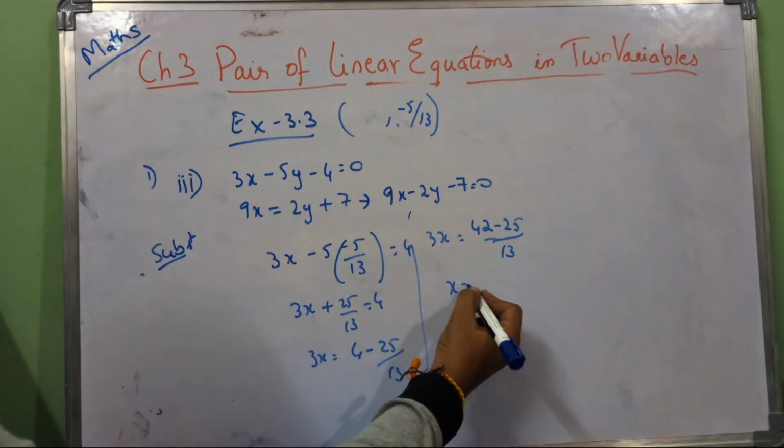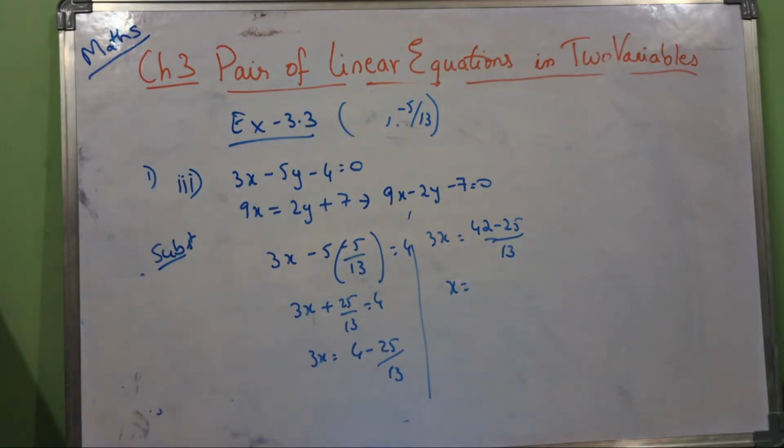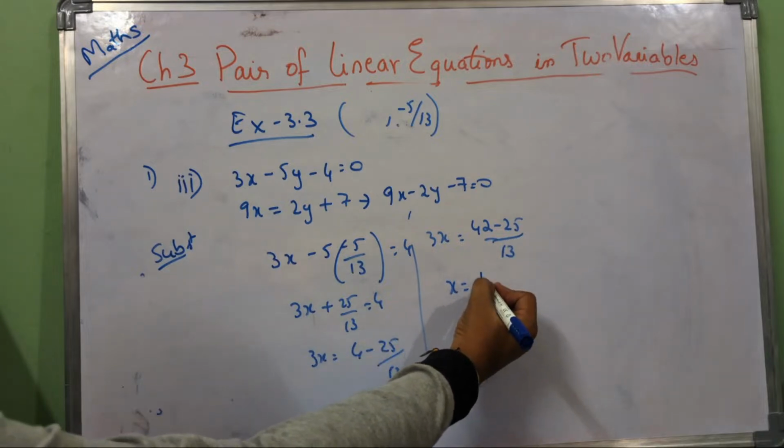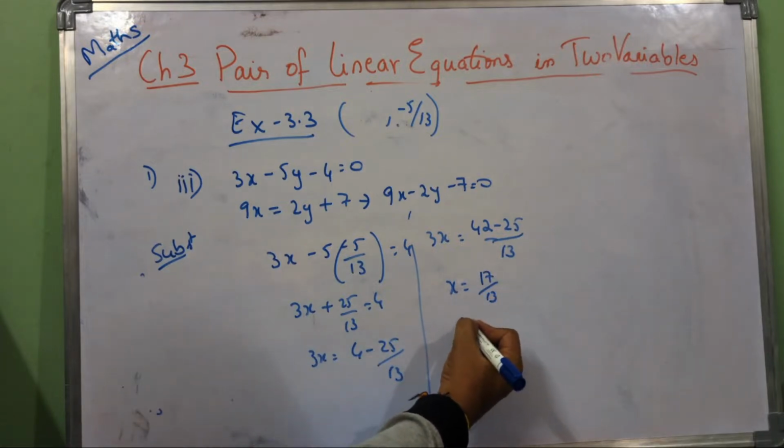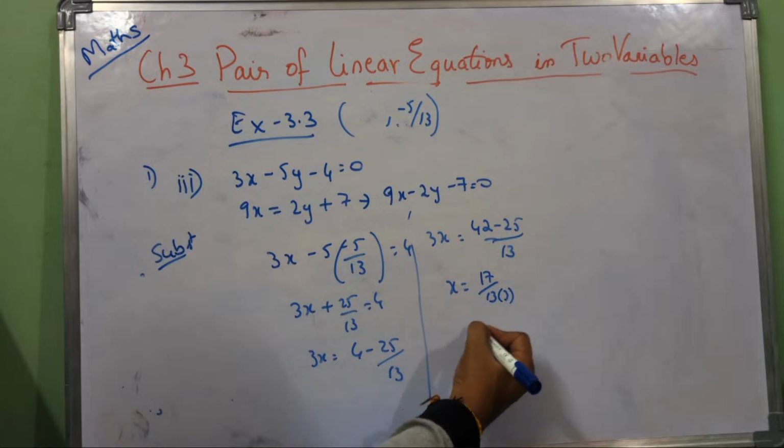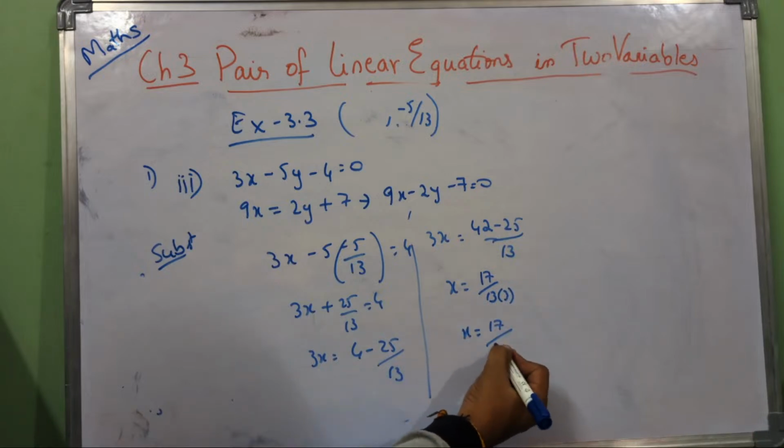So x value is 42 minus 25, 17. 17 by 13 by 3. So x value is 17 by 39.